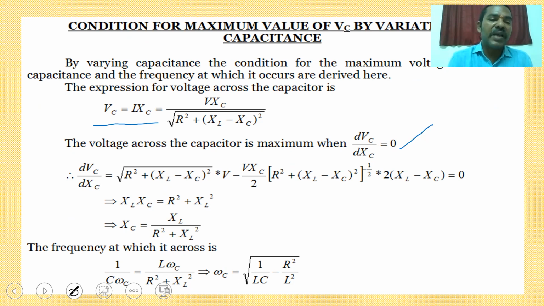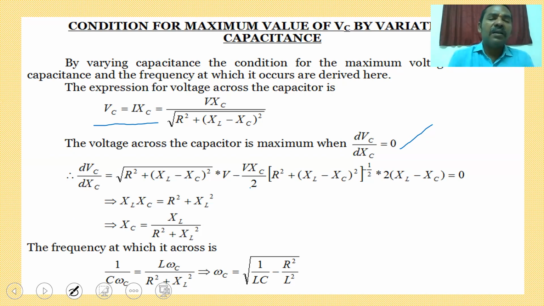So dou VC by dou XC, using the U by V formula, is root of R square plus (XL minus XC) whole square into V, minus V into XC by 2, with the radical to the power of minus 1 by 2 into 2 times (XL minus XC), equal to 0.